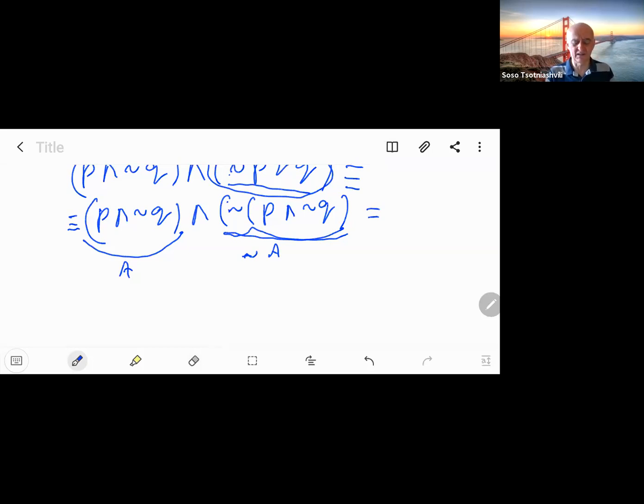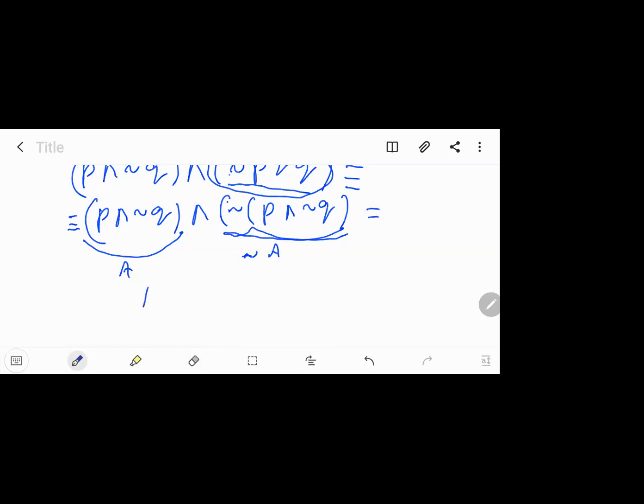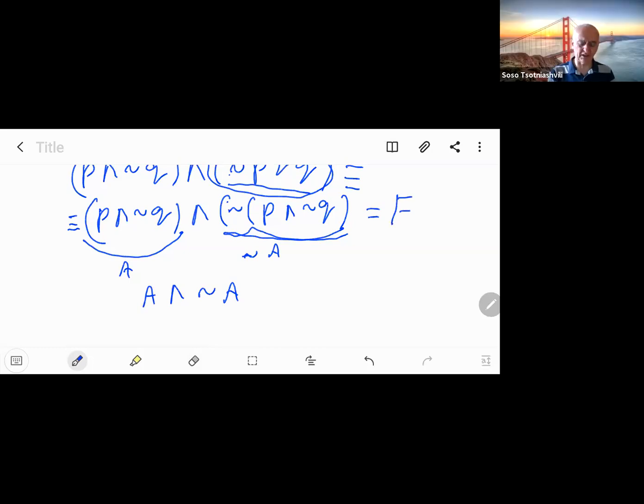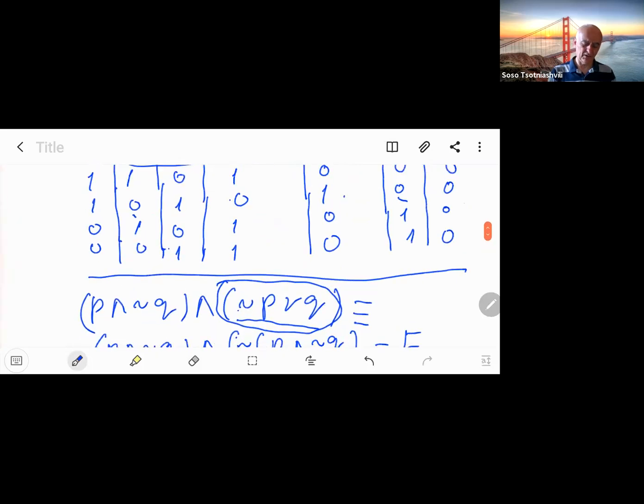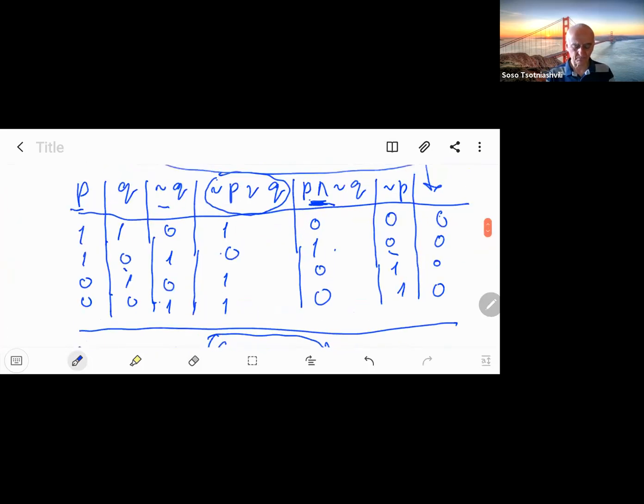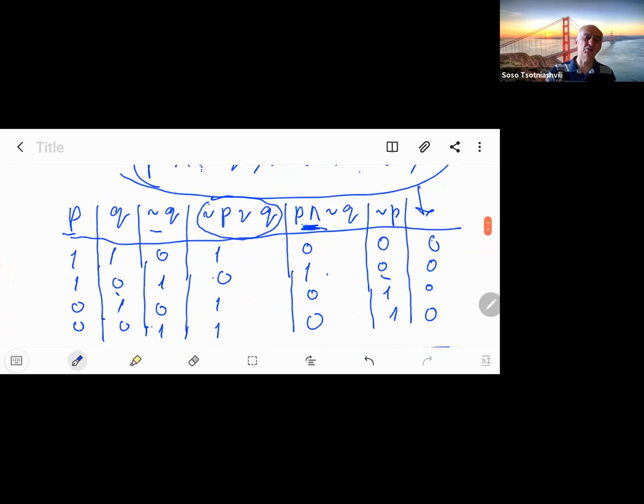It's just false, because we have A and not A. Yes, it's a contradiction, right? Absolutely. So in a few steps, we proved the same thing we proved by the unpleasant truth table. Any questions about it?